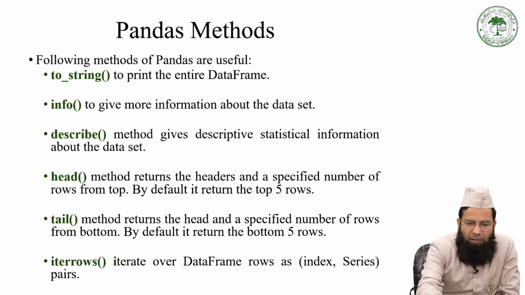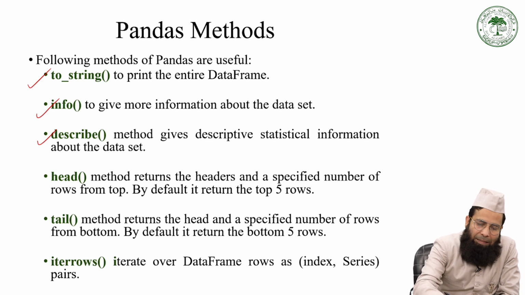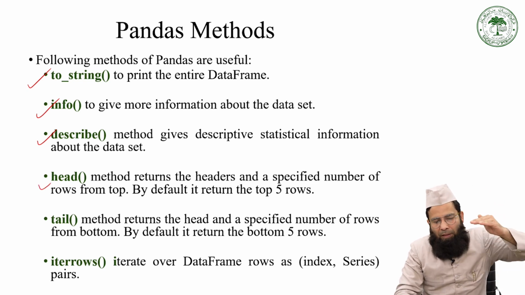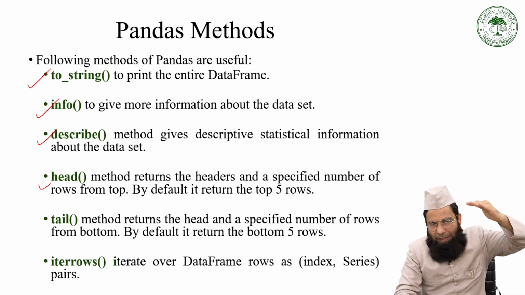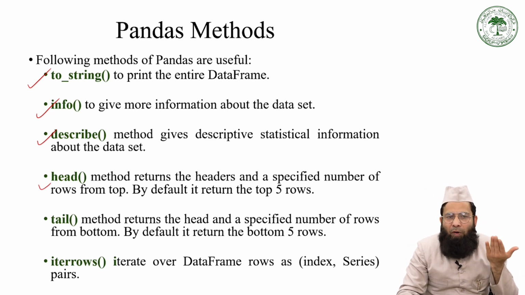So we discussed toString, info, and describe. There are certain more methods, which are head, tail, and iter. Head returns the headers and a specified number of rows from the top.